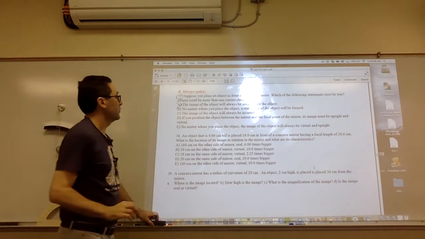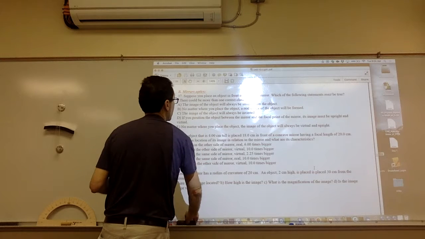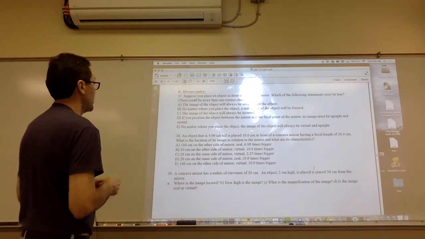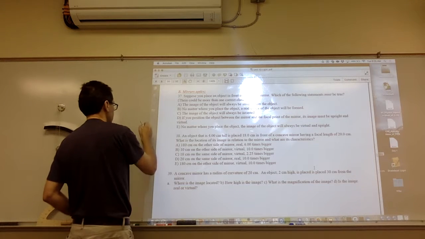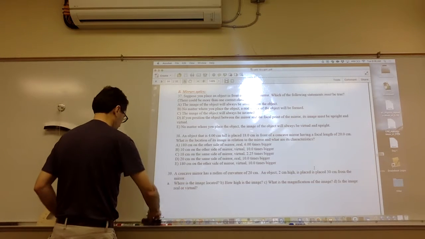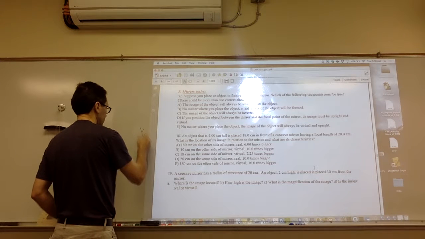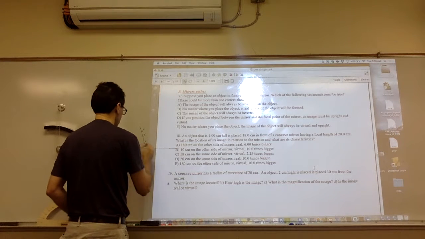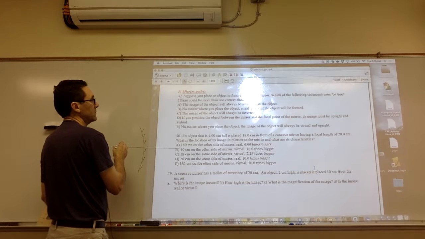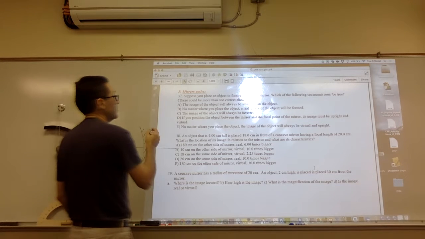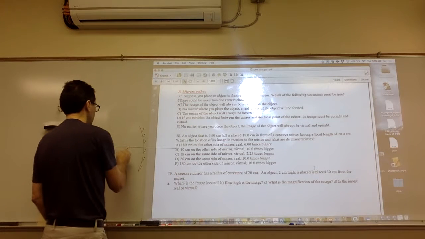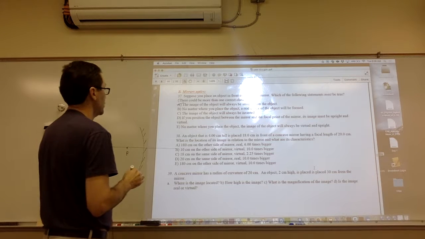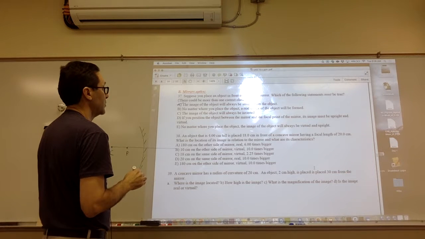If you place an object in front of a concave mirror, which of the following statements must be true? Like this, and they don't tell us where. The image of the object will always be smaller than the object, not true, because if you put yourself between F and the mirror, you're going to see a bigger image. No matter where you place the object, a real image will be found.